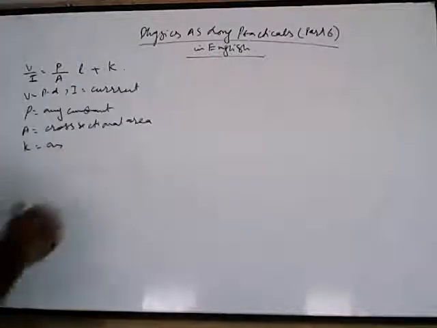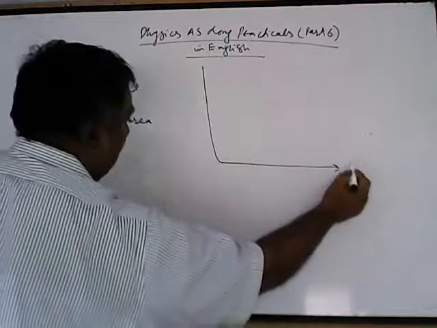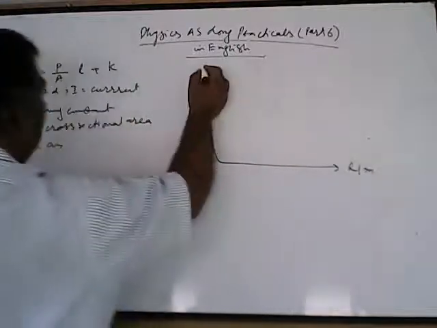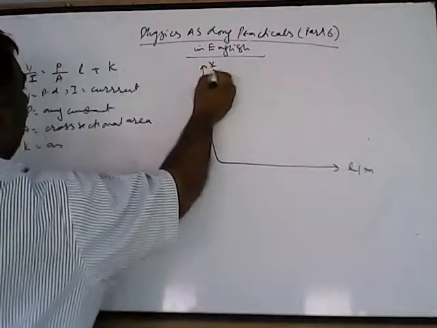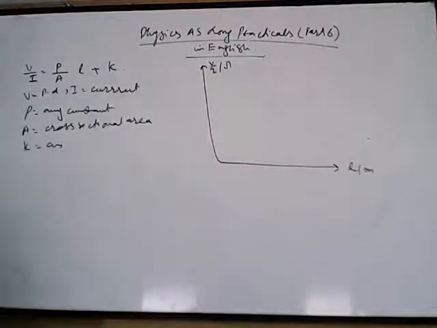If you are asked to plot a graph of this, this is L in meters here, and this is V upon I in ohms. Ohms, you can say, volt per ampere also you can write.